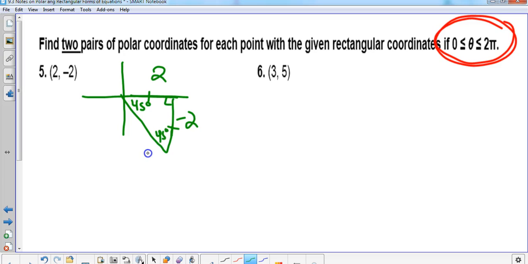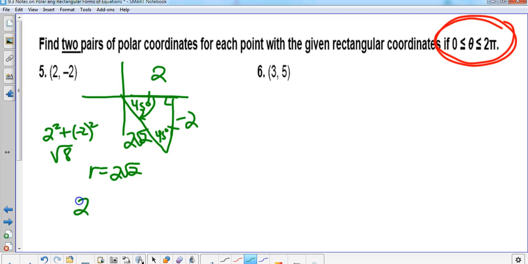If you remember the rule, it's leg, leg, and leg square roots of 2. But if you don't, and you do Pythagorean theorem, you get square root of 8, which is 2 square roots of 2. So our r is going to be 2 square roots of 2. And what is our angle here in radians? Negative pi over 4.